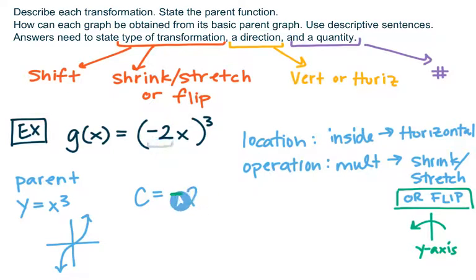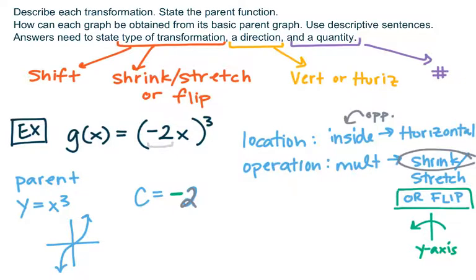Multiplying by 2, thinking about the absolute value of this. So just the fact that we have 2 here. Well, you'd think multiplying by 2 should make something larger. But because it's inside, it's horizontal, it's going to do the opposite.